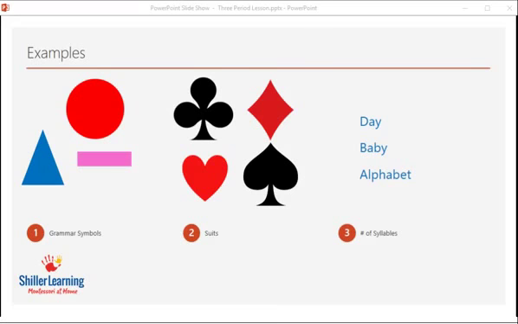This word has 3 syllables. Alphabet has 3 syllables. Alphabet. Say with me, alphabet. Very quickly, children will learn the concept of a syllable. And that makes it a lot easier when in our language arts kit, for example, we talk about Shakespeare and iambic pentameter. And kids really get a sense of how these words sound as well as what they mean.